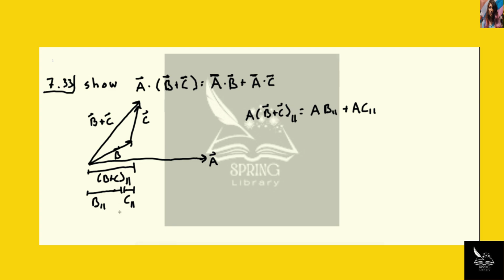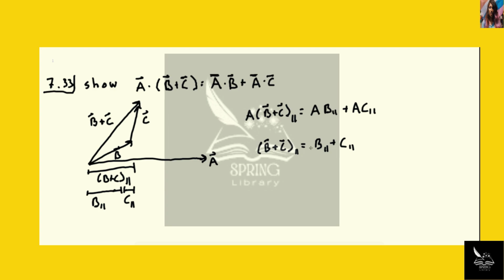And so we see from this that the length here of B plus C parallel is the length of B parallel plus the length of C parallel, which we can write out here: B plus C parallel is equal to B parallel plus C parallel.